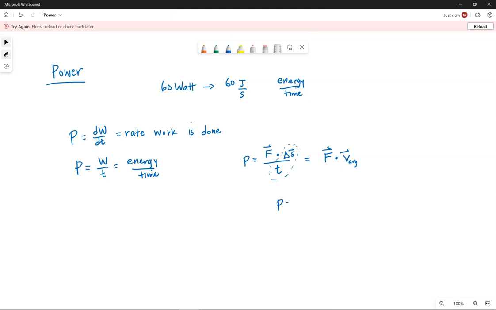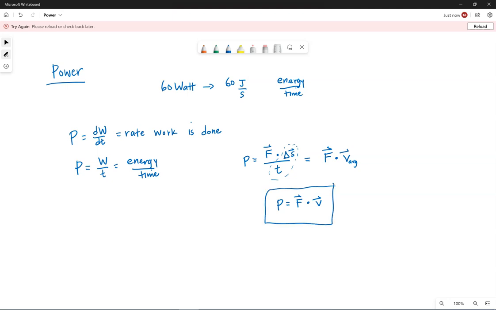So you will see power written also as force dotted with velocity, but make sure you're looking at the average velocity specifically. And then the force needs to be constant. So whatever that constant force is that's being applied that you are trying to look at.